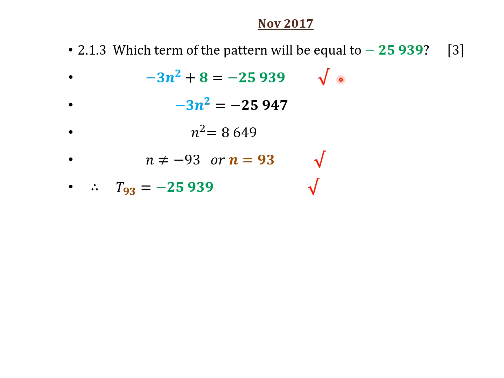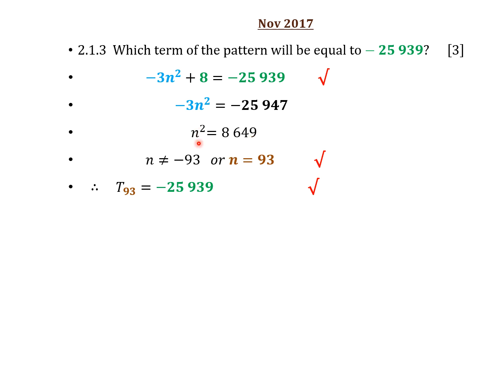Which term of the pattern will be equal to minus 25,939, for 3 marks? So remember my equation, minus 3n squared plus 8 equals minus 25,939. If I take 8 over, negative 8 minus 25,939 becomes negative 25,947. Divide by negative 3 gives me 8,649.